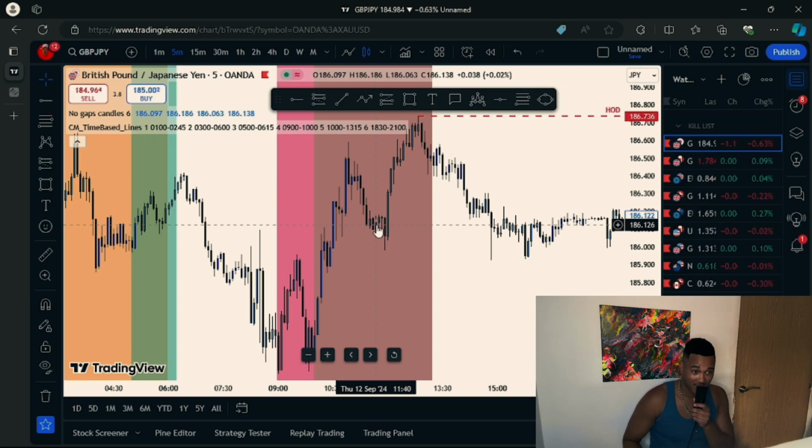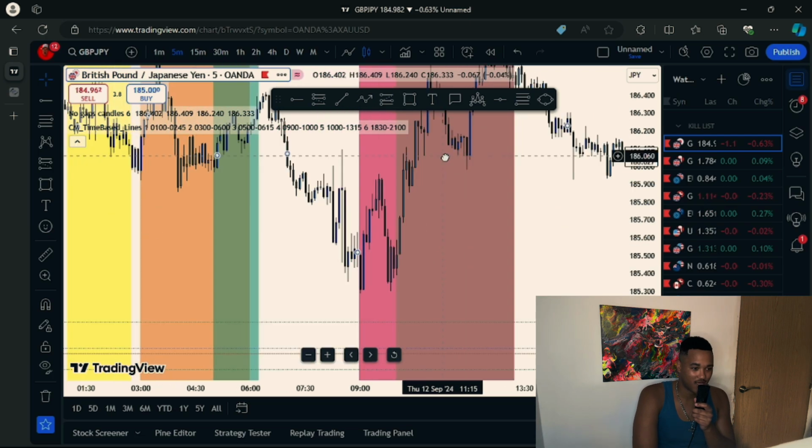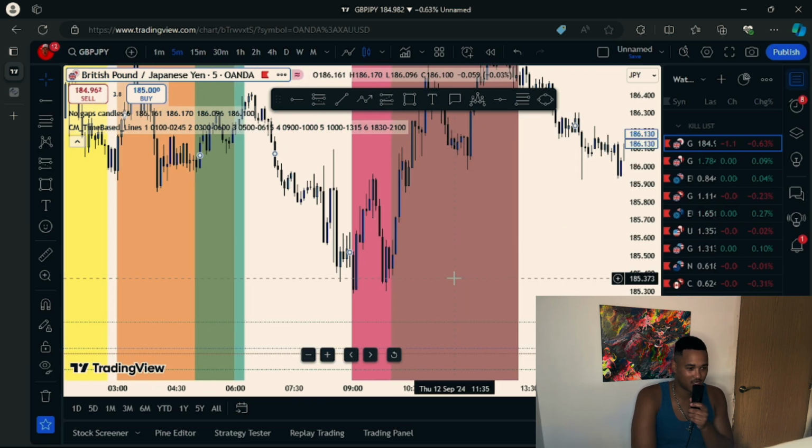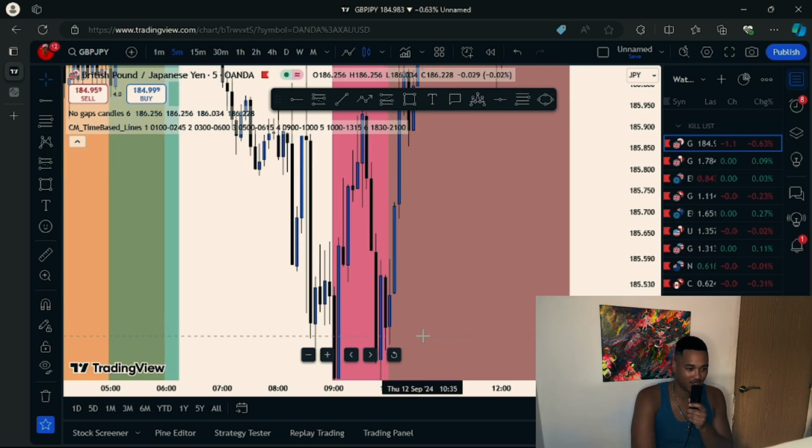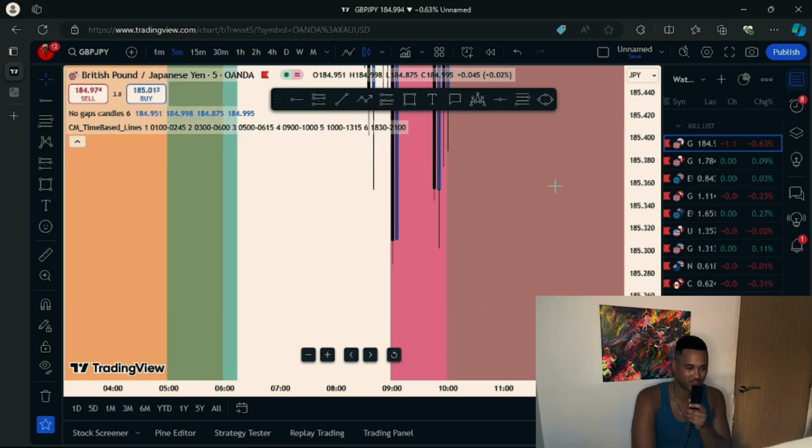No, the high of day and the low of day you mark off a day before the trading day, right? So if you're trading the 15th, your high of day should be on the 14th, and your previous high of day should be on the 13th. That's how it has to be, so you have to do it like that. Otherwise, it won't work. See what I'm saying?